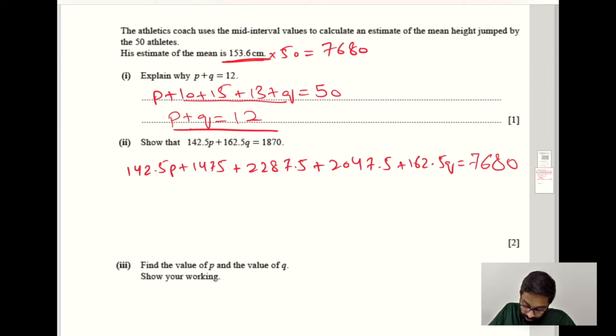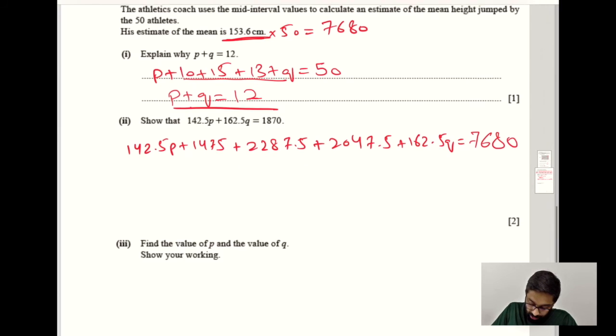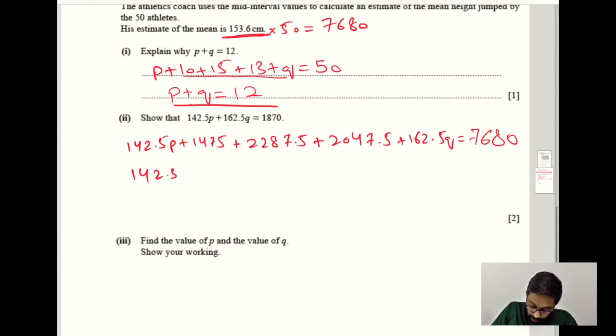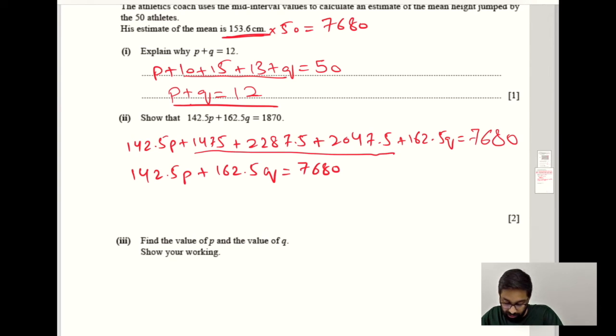Now let's add all of them up. I'll bring the Q's and the P's together. I write 142.5 P plus 162.5 Q. Let's subtract the sum of these values from 7680. The sum of these values is 1475 plus 2287.5 plus 2047.5.